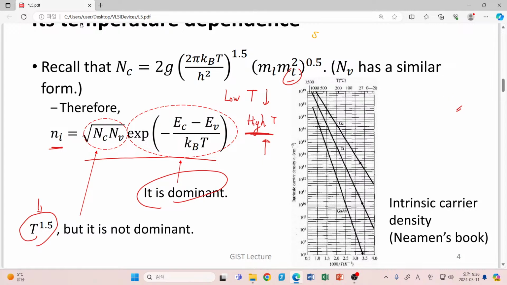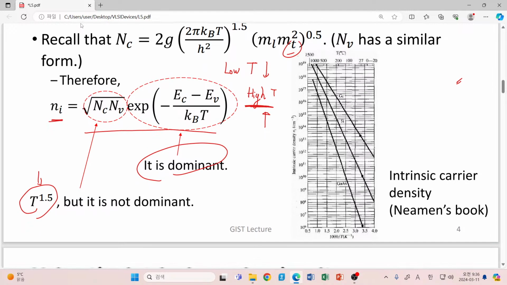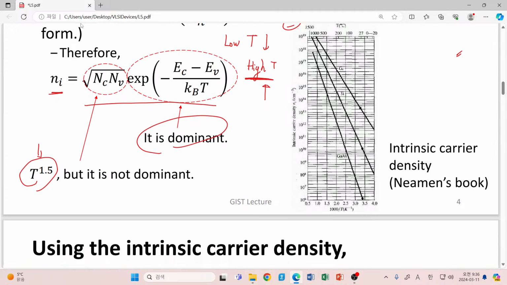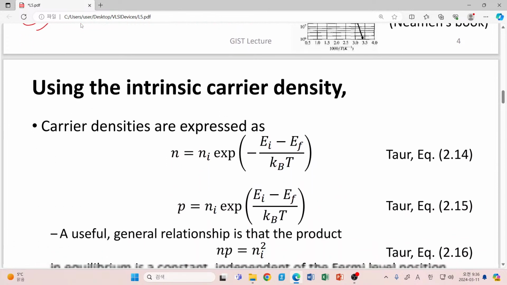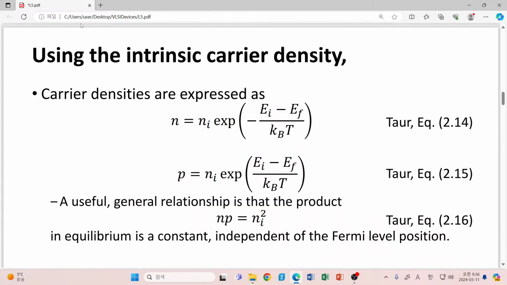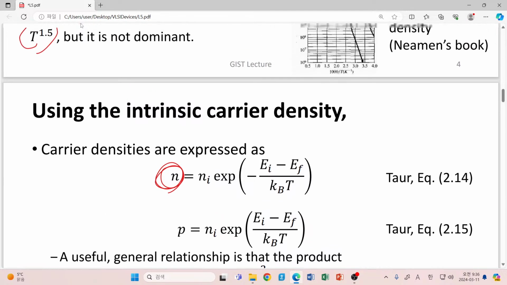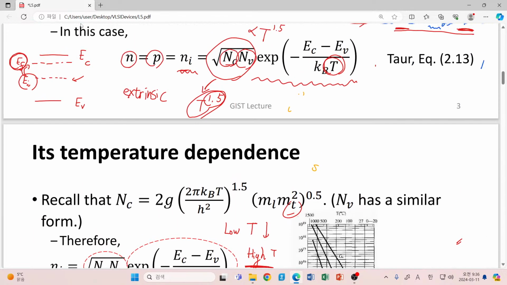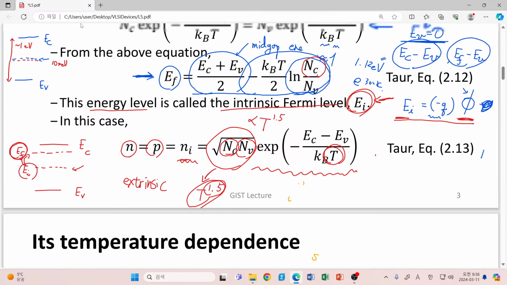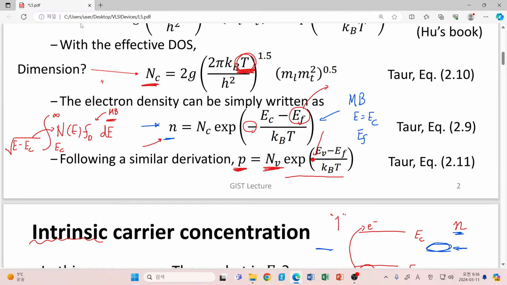Anyway, please have a look at this energy or temperature dependence of intrinsic carrier density. And here we have also a very important expression, practically very important. So for the electron density, let's make a comparison for the expression for electrons. When you look at this expression, the electron density is expressed in terms of the difference between the conduction band minimum and the Fermi level.